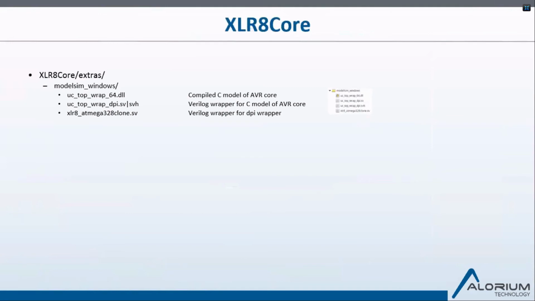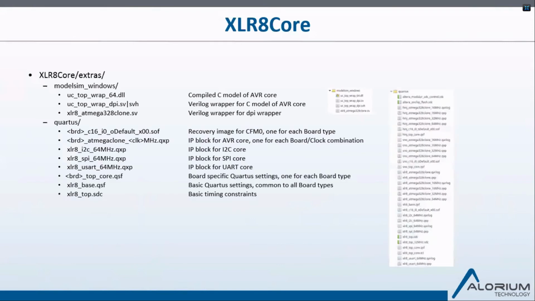The other library that's required is the XLR8Core. As I said, this contains all the libraries, IP blocks, source files that are needed for any of the OpenXLR8 implementations, a set of common files. And again, we're using that extras directory. And in there, we've got a ModelSim Windows directory that contains files to support simulation.